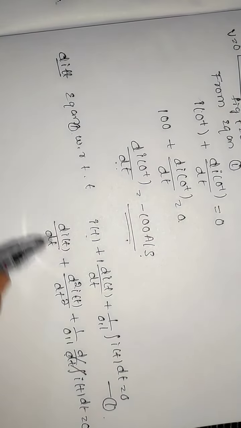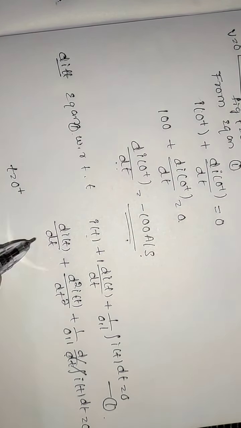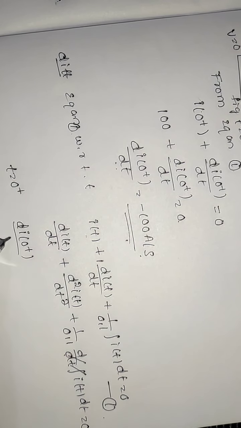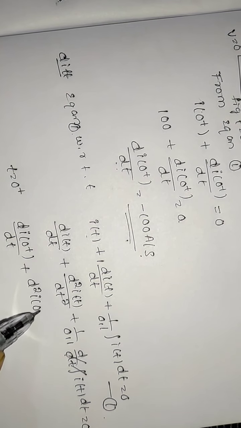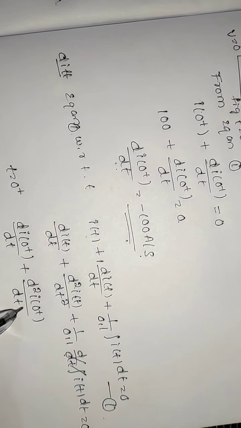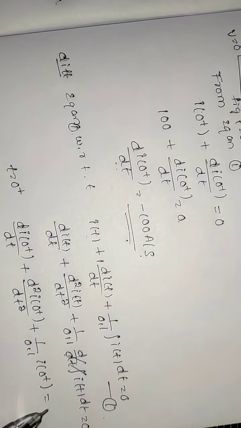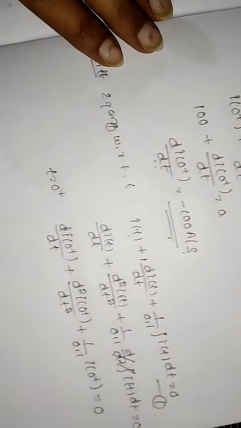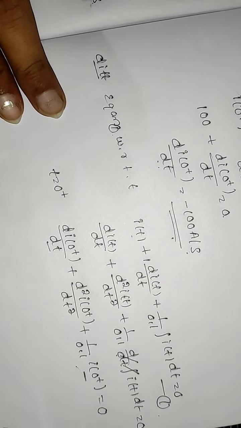Now at t equals 0 plus, we get d square I of 0 plus divided by dt square plus 1 divided by 0.1 times I of 0 plus equals 0.